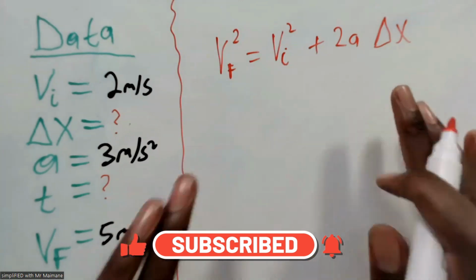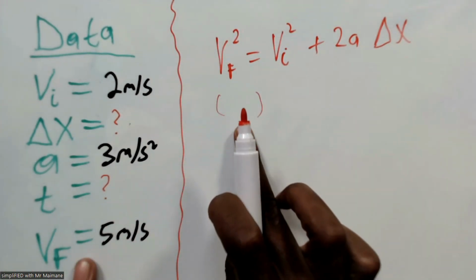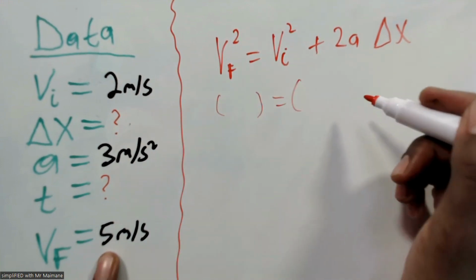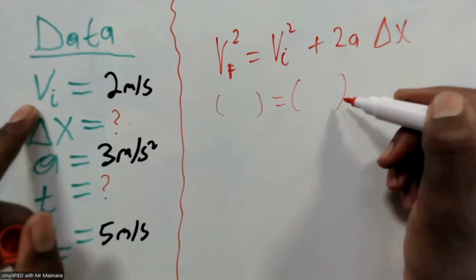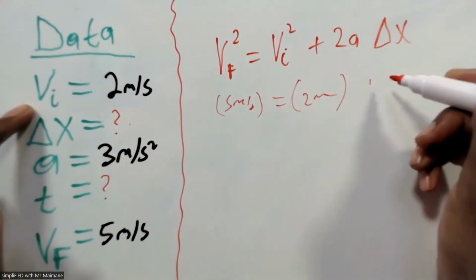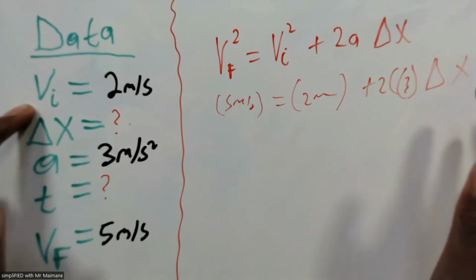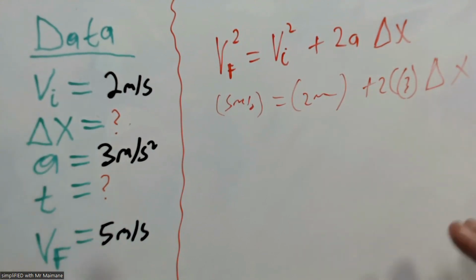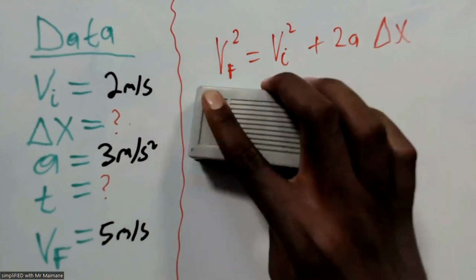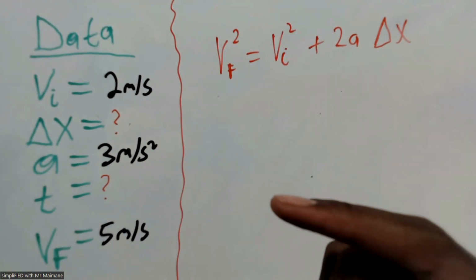Because I can go straight here and substitute: my Vf is 5 meters per second, my V initial is 2 meters per second, plus 2, and my acceleration is 3. Then I solve for change in x. What I'm trying to instill in our minds right now is that before you even substitute, first write the entire equation.